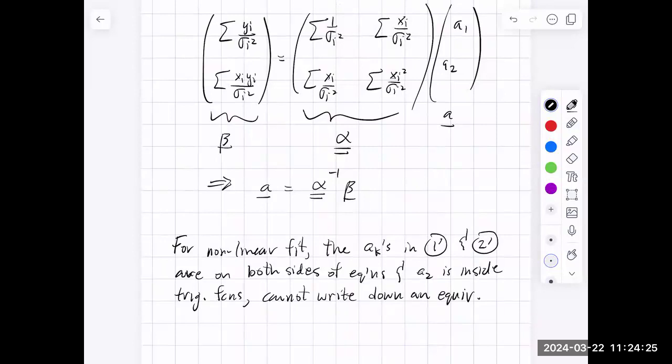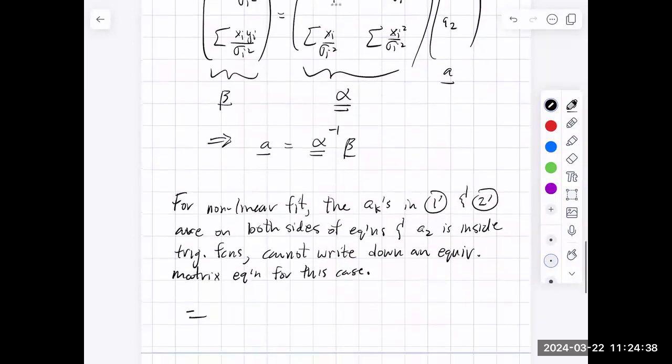We cannot write down an equivalent matrix equation for this case. And so what we need is a new fitting method.